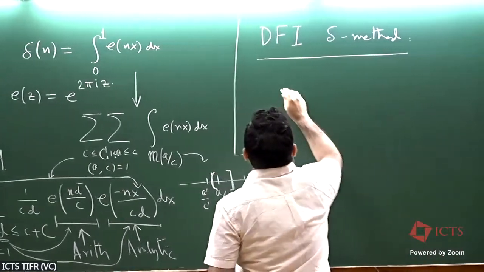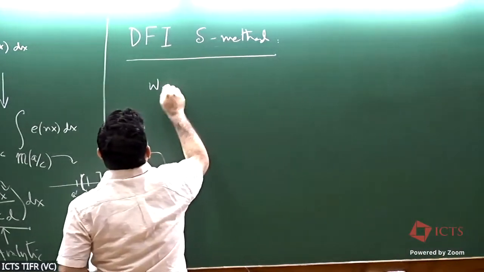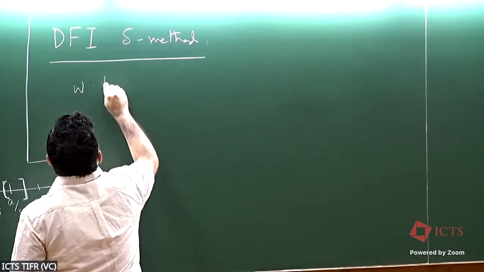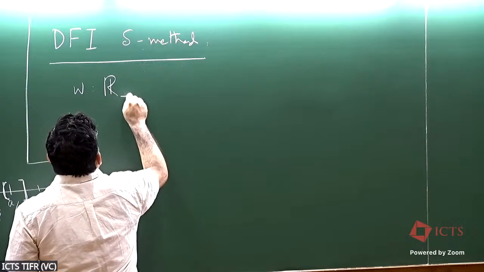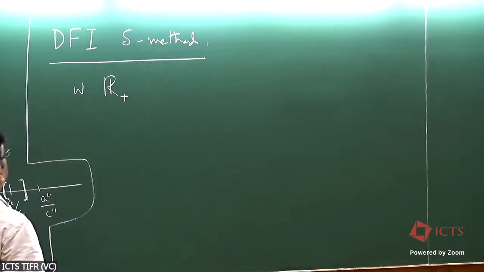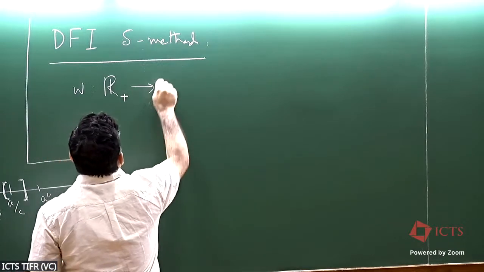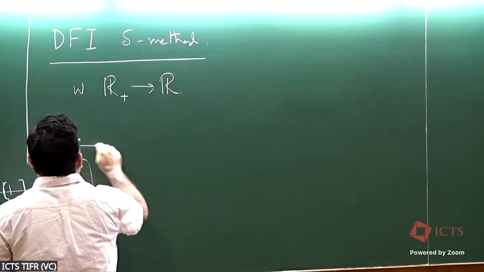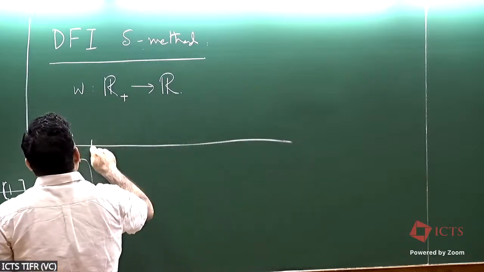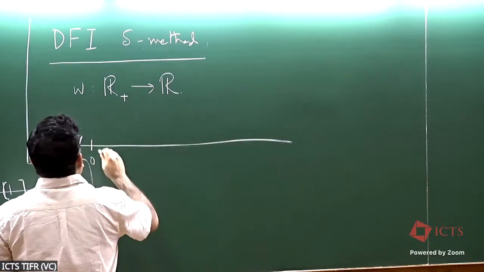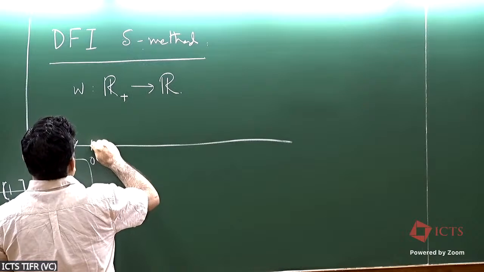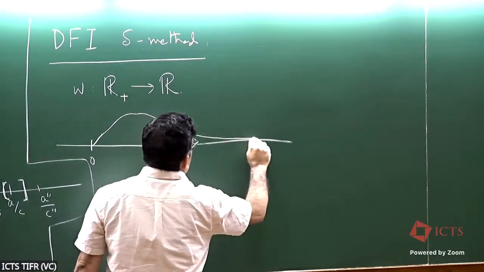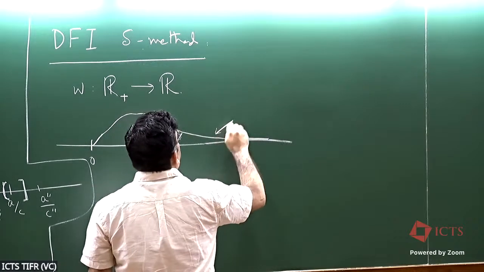You start with a smooth function. It doesn't have to be smooth. You start with any function supported on the non-negative part of the real line, taking real values. And you want it to look like this. So it starts from 0, and it's vanishing here, and then it goes like this, and then it rapidly decays as it goes to infinity.